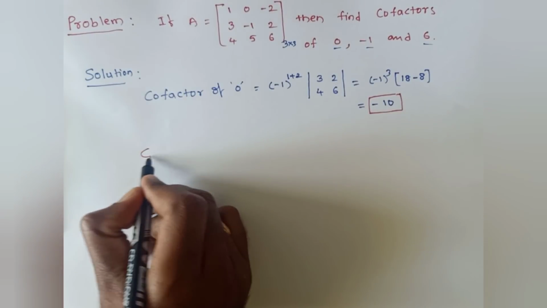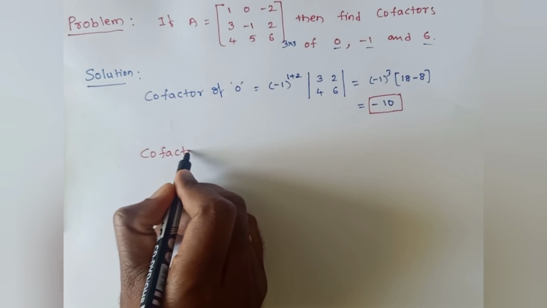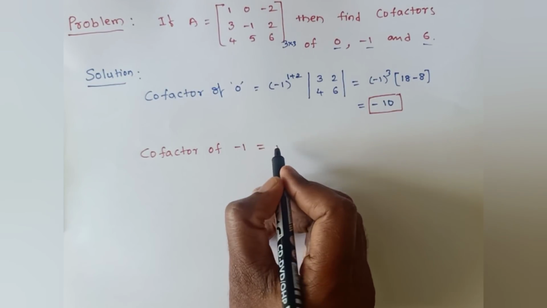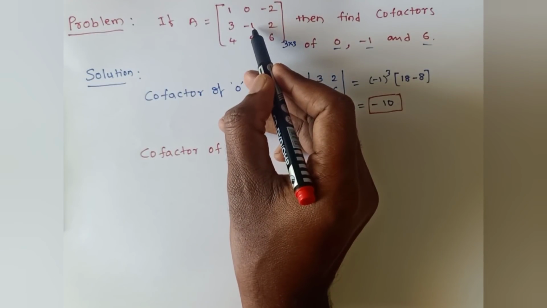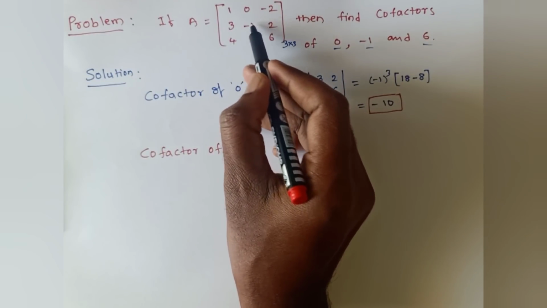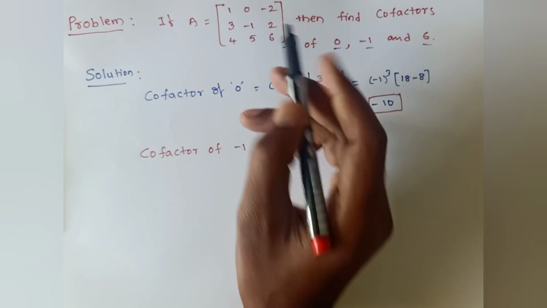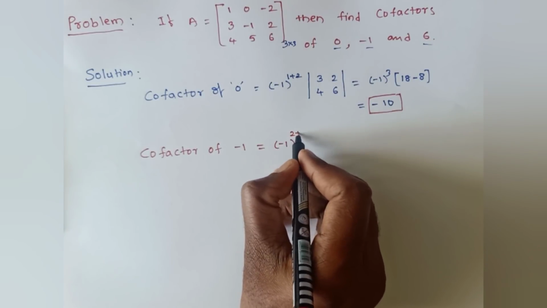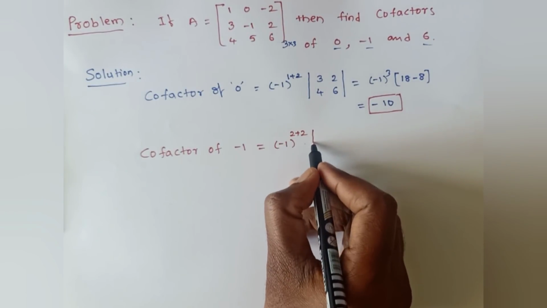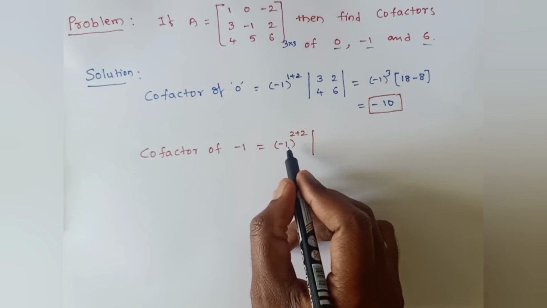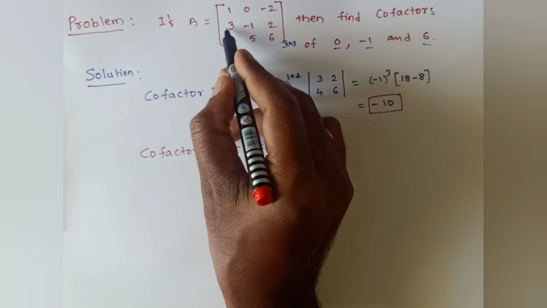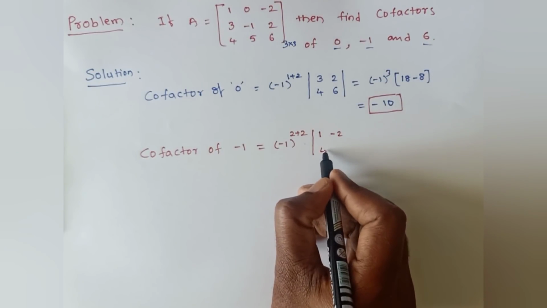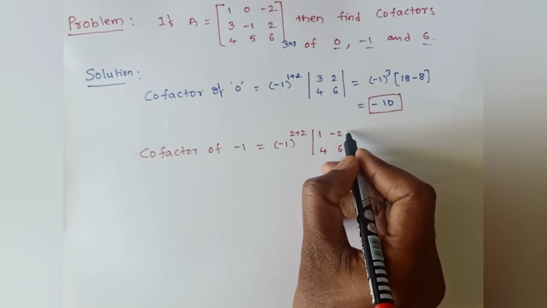And find out the cofactor of minus 1. Where is minus 1 present? It is present in the second row and second column. Minus 1 to the power of second row plus second column into the minor of this element. By deleting this row and column, the remaining elements are 1, minus 2, 4, 6.